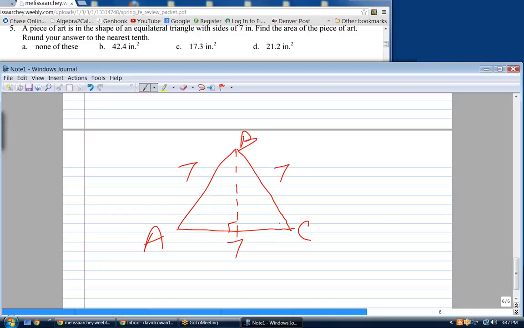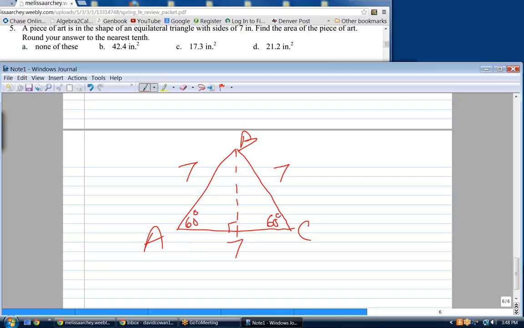So if A is equal to C is equal to B, what is A? They all are equal and they total 180. They have to each be 60, don't they?